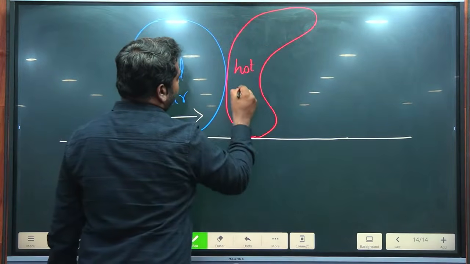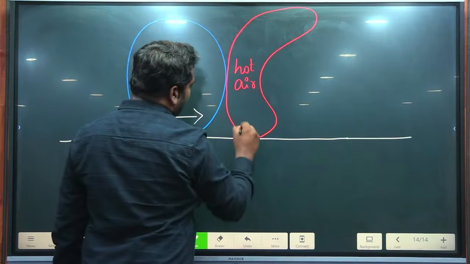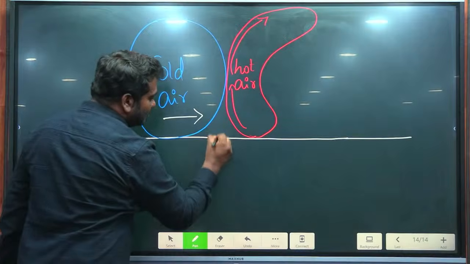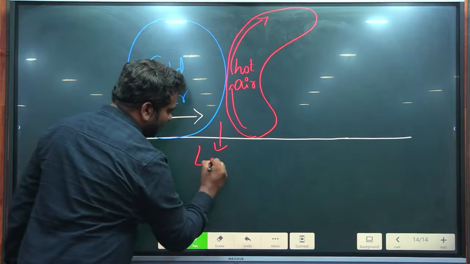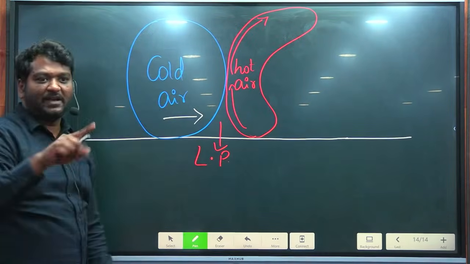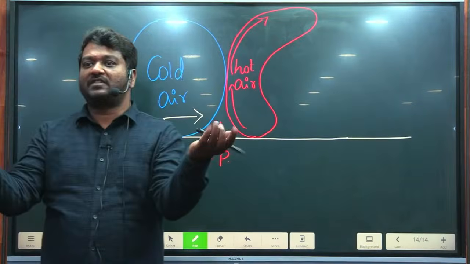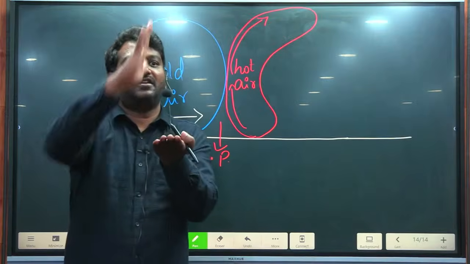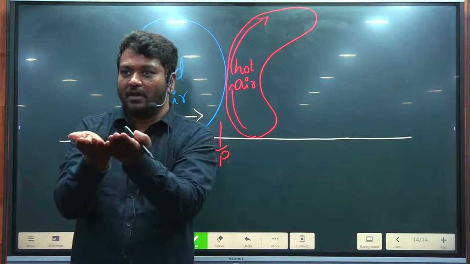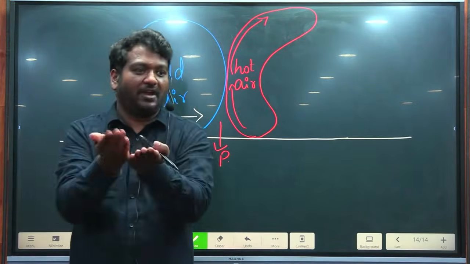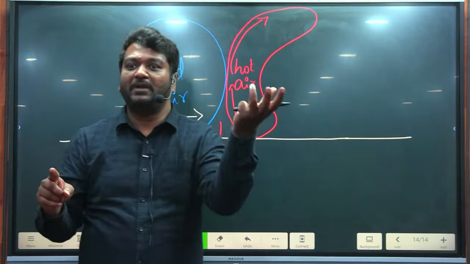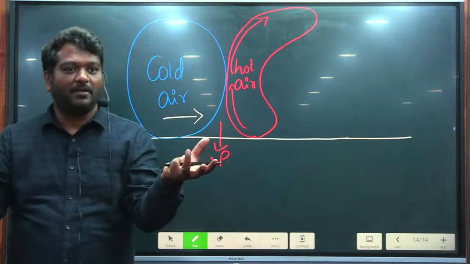As hot air rises, what will you observe in this area? Low pressure. Yes. Let me ask you another way. Two trucks are there. They hit. Nothing rises. Both will be there. Two bikes are there. They hit. Nothing rises. Correct? When will it rise? One should be truck. Another one should be bike.